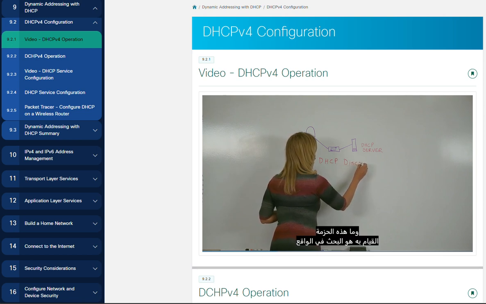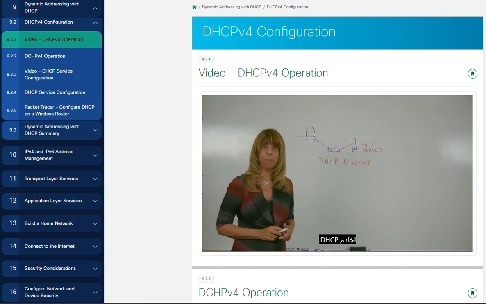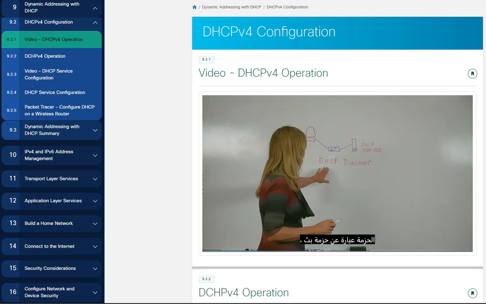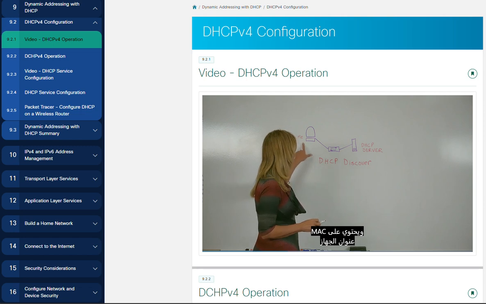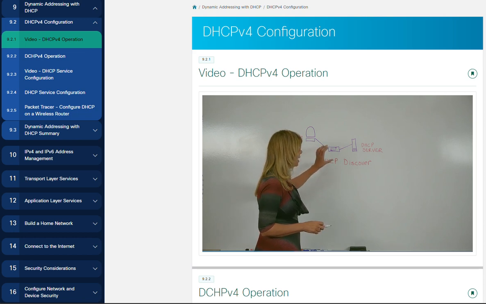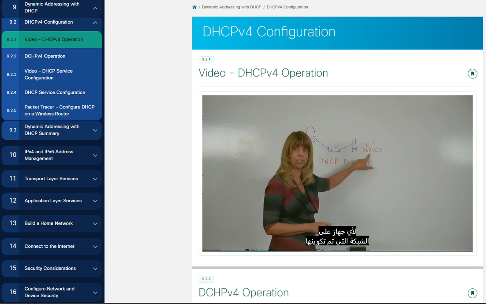And what this packet is doing is actually looking for a DHCP server. The packet is a broadcast packet, and it contains the MAC address of the device requesting the IP address, and it is destined for any device on the network that's configured to be a DHCP server.